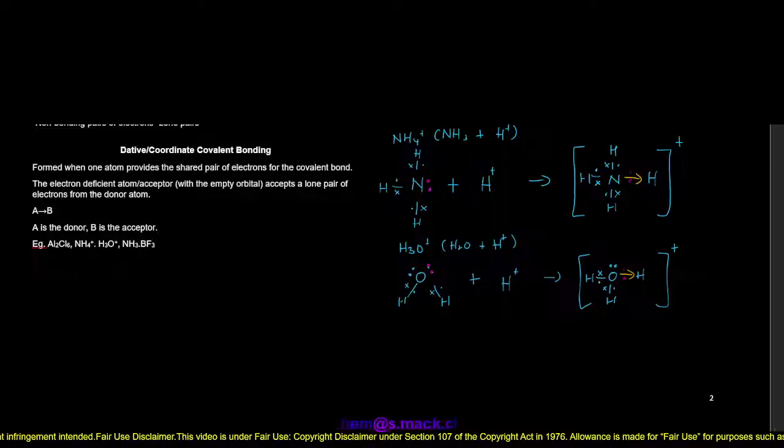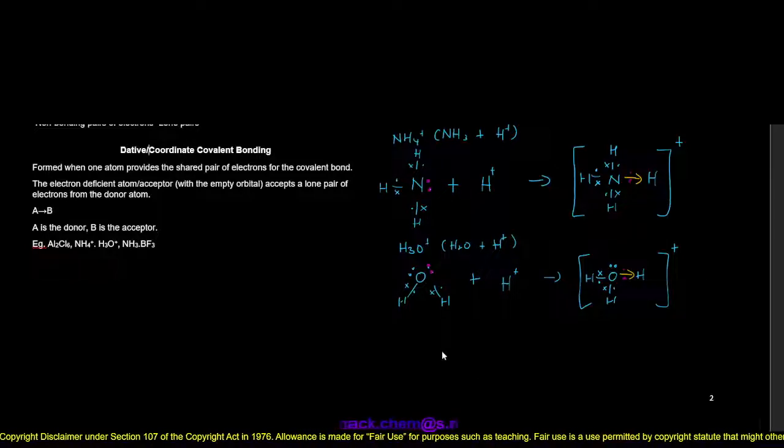Let's look at the molecule NH3.BF3, where the dot in the formula of the molecule represents that the molecule is bonded via a dative covalent bond.